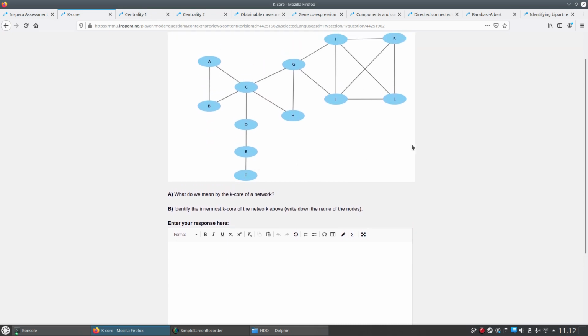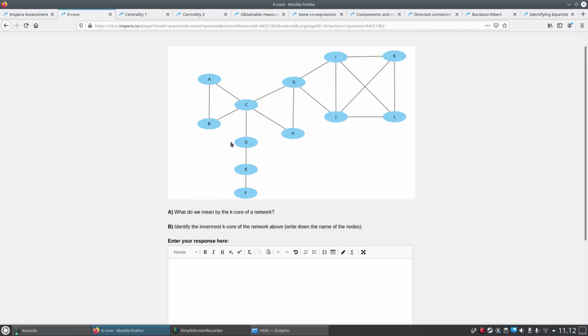Well, a K-core is essentially a sub-network of a given network that satisfies the requirement that all the nodes have a degree of at least k.